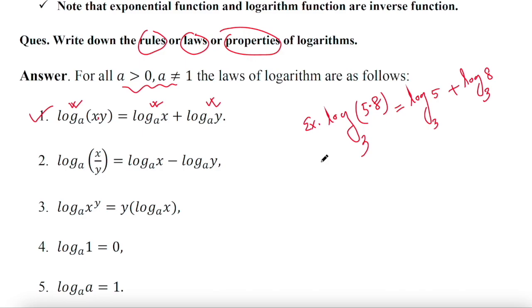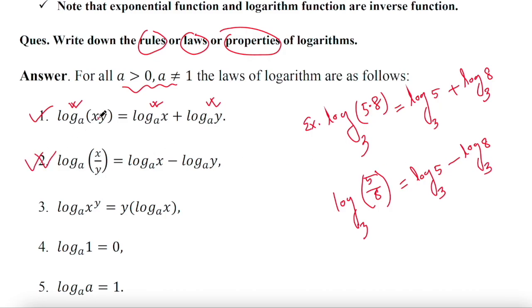Base should be the same. And again, in division form, log of 5 by 8 having base 3 will be log 5 base 3 minus log 8 to the base 3. This is formula 2. So what did we see? For multiplication it is plus, and for division it is minus.